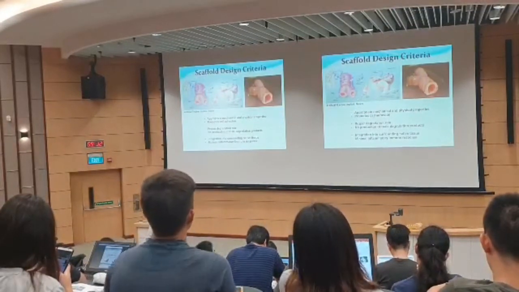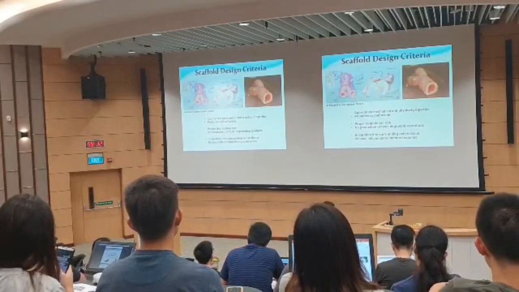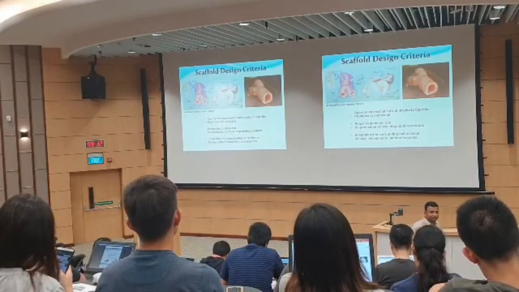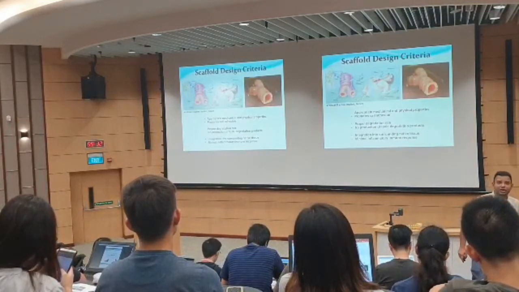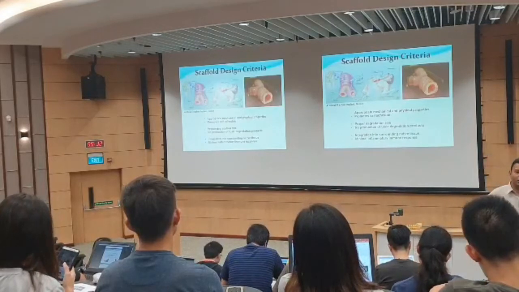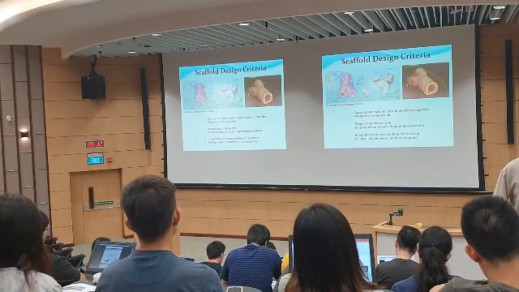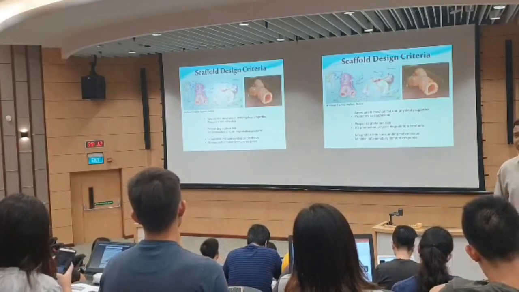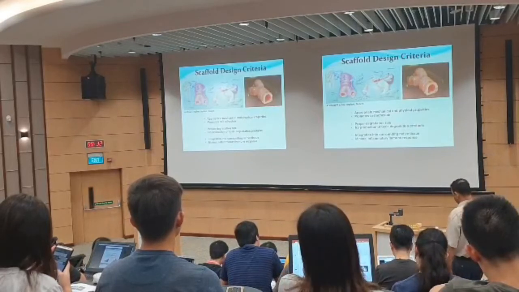And as I mentioned earlier, there should be minimal inflammatory response and almost no immune response. So if there is a significant immune or inflammatory response, that will reject the whole artificial organ or the synthetic material. And eventually, what will happen if the body rejects a particular artificial organ?